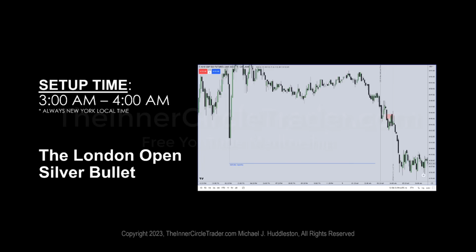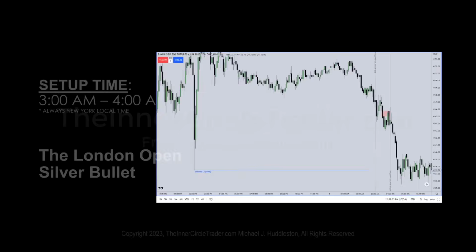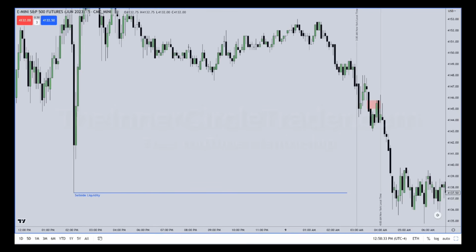This is the London Open silver bullet. So what we're looking for is a classic ICT fair value gap to form between 3 a.m. and 4 a.m. New York local time. The factor you are going to lean heavily on is the skill set of knowing where price is going to go.